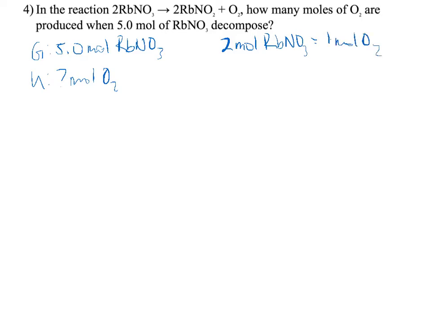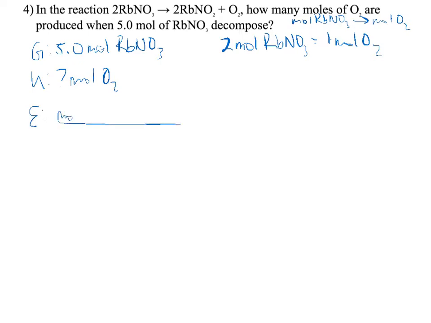So remember, all we're trying to do is go from moles of rubidium nitrate into moles of O2. This is just a one-step conversion. We've got one arrow here. This is our one equivalent statement that we need. So we are already ready to do our equation.